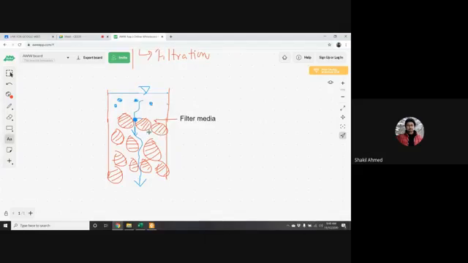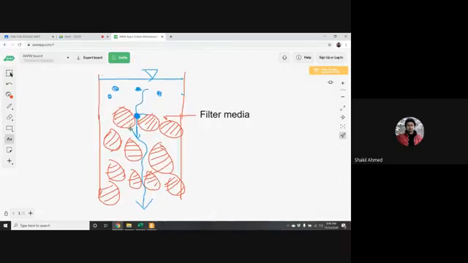This can be gravel or sand particles. So this has been captured here. This has been captured.